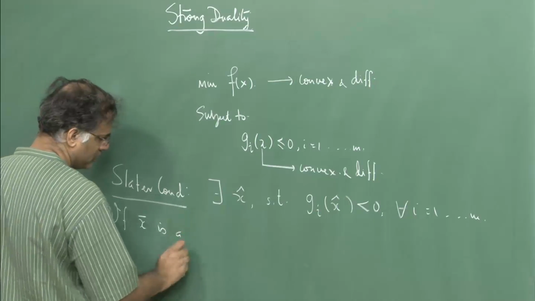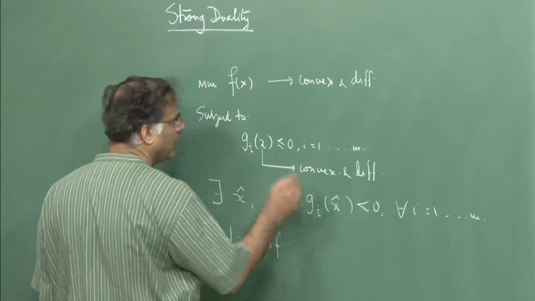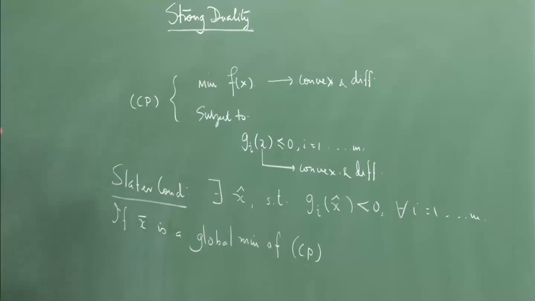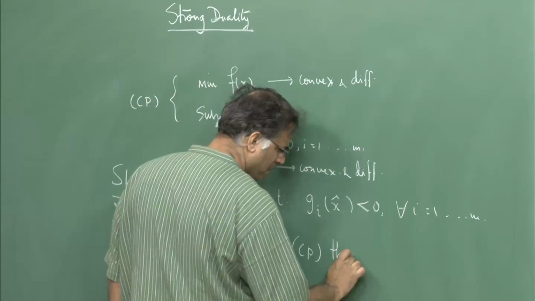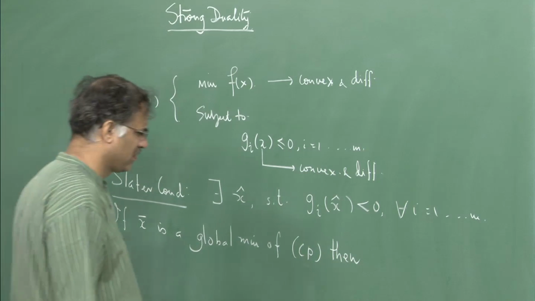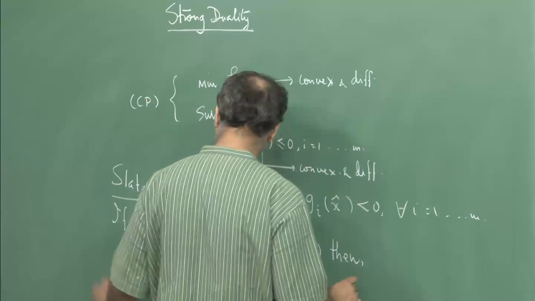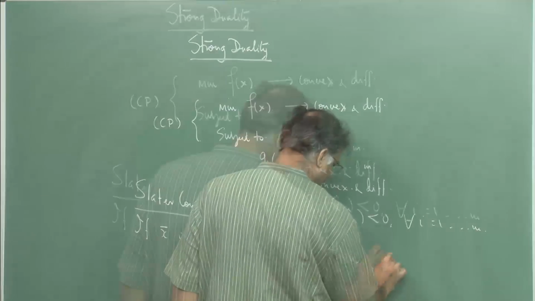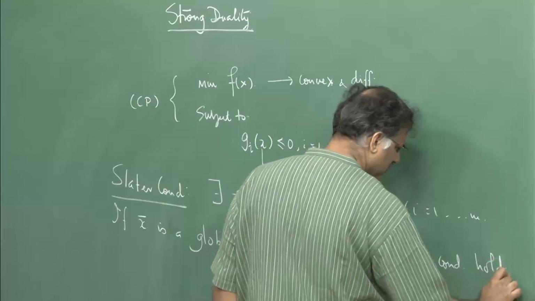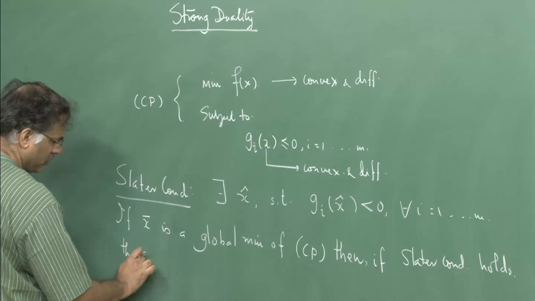If x bar is a global minimum of this problem, which I can call for the time being CP to refer to convex programming, then if the Slater condition holds, we know that the Karush-Kuhn-Tucker conditions hold.